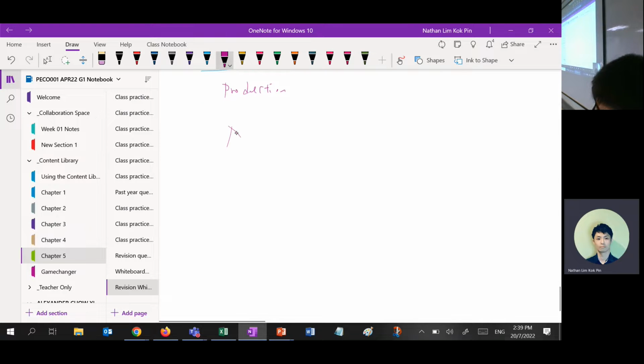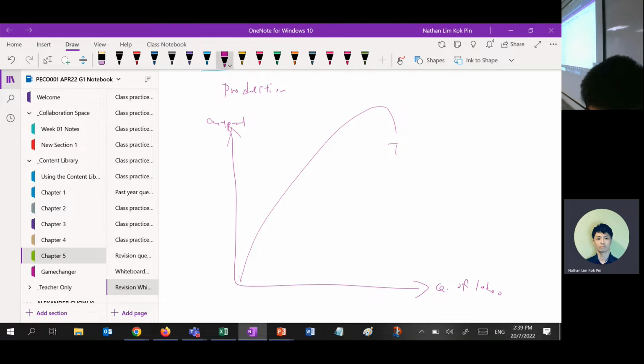Production: you need to know the stages of production. Here you put output, and here you put quantity of labor. Then this is the TP, and for TP you draw a dotted line. Then this is the marginal product.